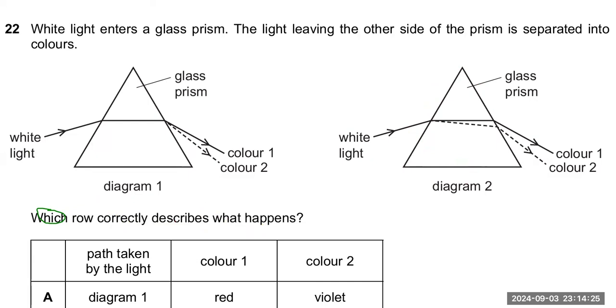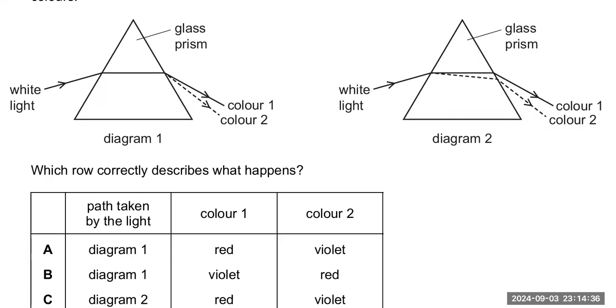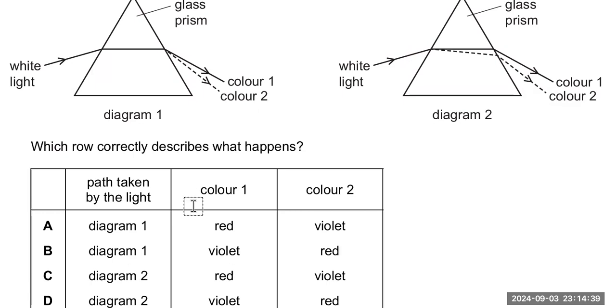What happens means it wants to know what is the color of color 1 and what is the color of color 2. So we have to understand the options first.